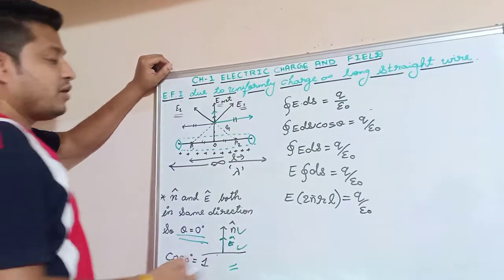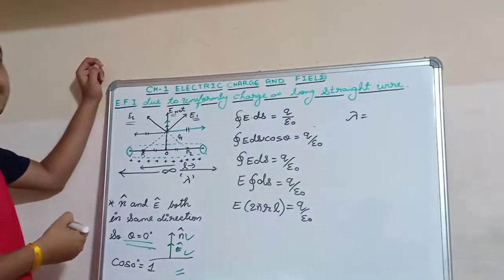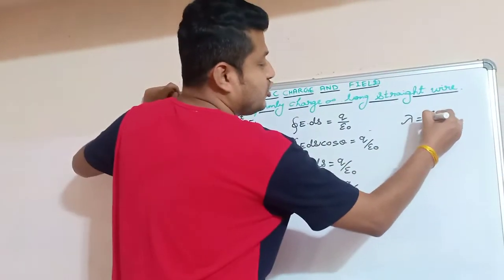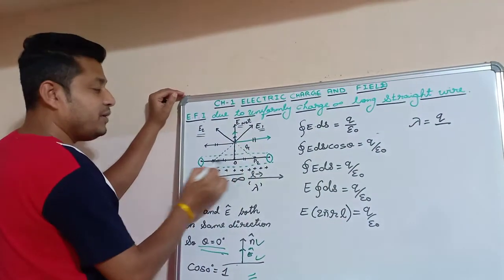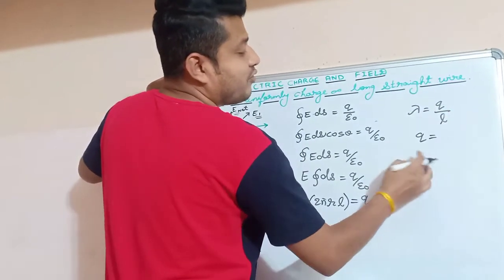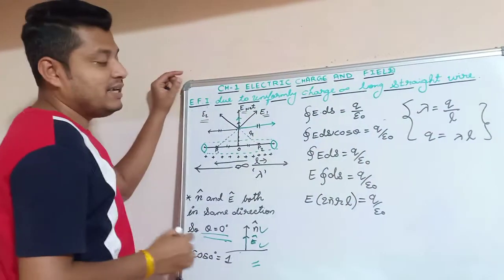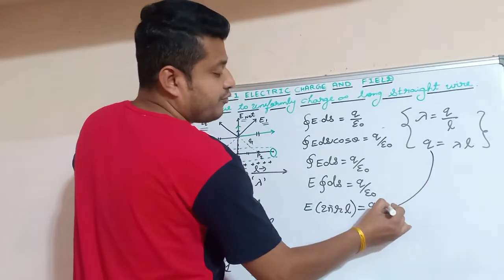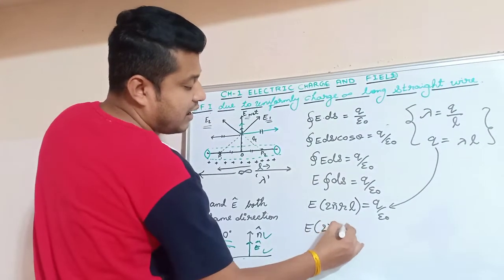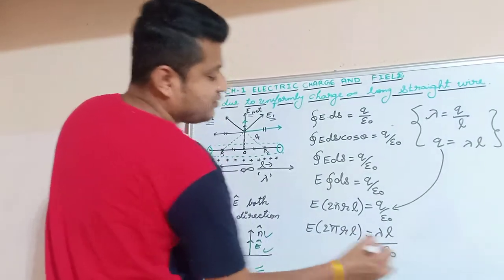One more value we have is lambda, the density. Density is charge per unit length. So with charge q and length of the wire between P1 and P2 being L, we can write q equals lambda L. Now we can put the value of q: E 2 pi r L is equal to lambda L upon epsilon naught.